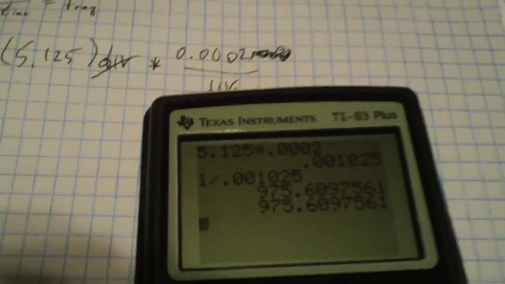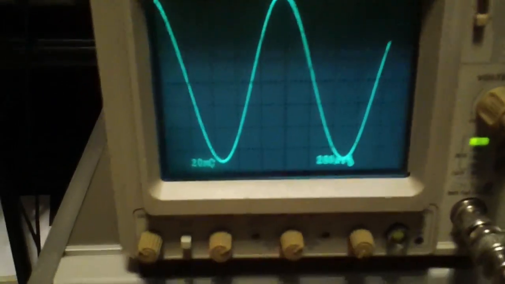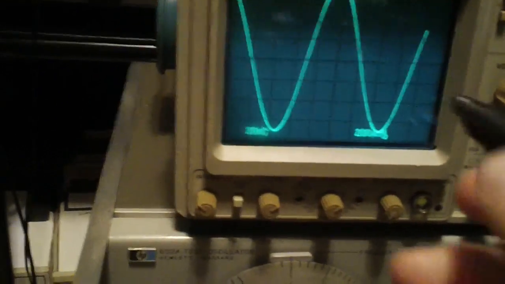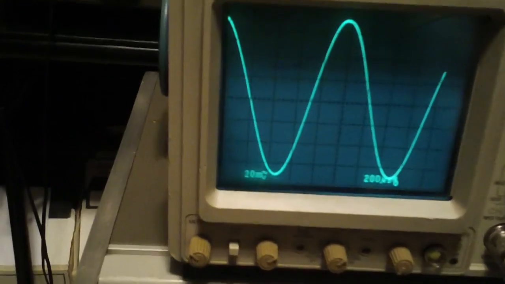So that's our frequency, a little bit under 1K, according to calculation and according to the measurement the scope made, assuming that I even got this correct. This may be less than 1/8 here, or a little bit greater.